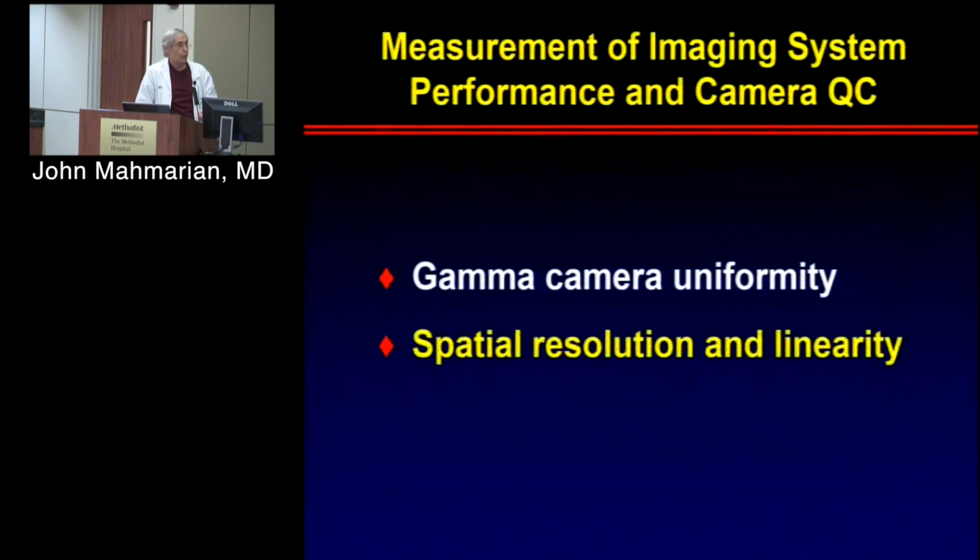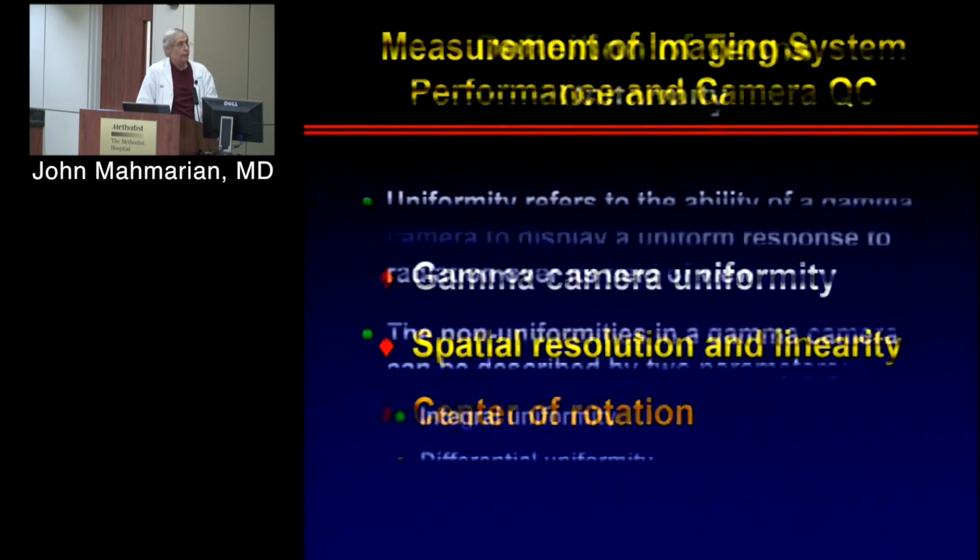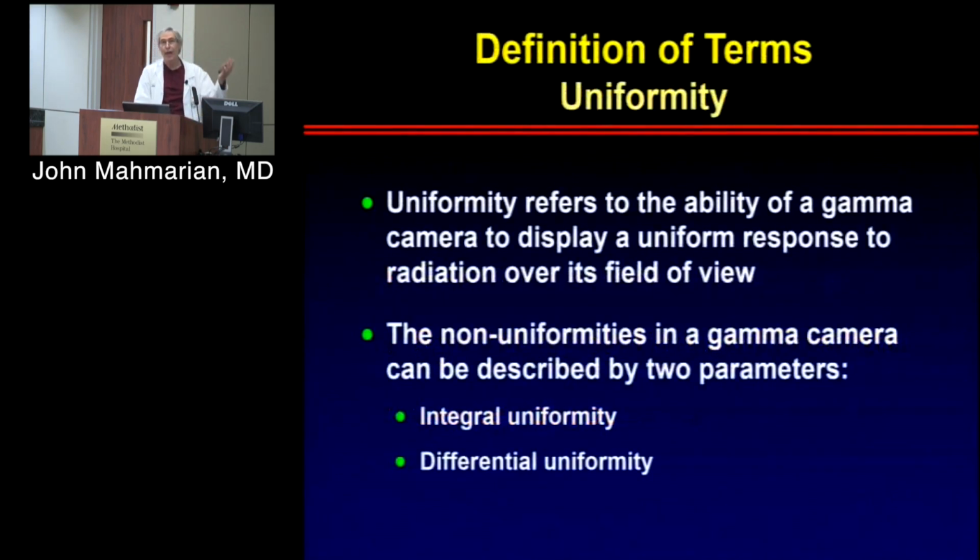I'm going to go through this quickly because this is just what we typically do in terms of camera uniformity, which is very important. If the face of the camera isn't uniform in its acceptance and identification of photons, then we will get a lot of abnormalities in the image itself.